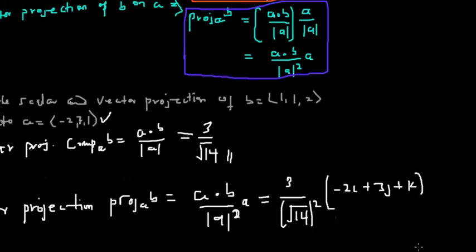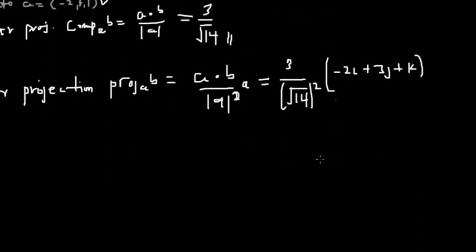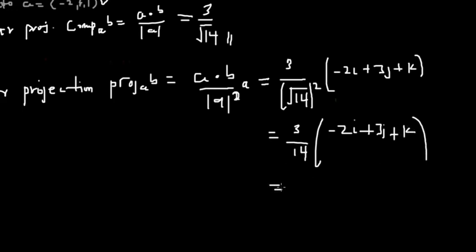So once you are through with this, you are just done with the entire solution. We know that this will cancel this root sign out, so we will be left with 3 on 14, and then we have minus 2I plus 3J plus K. Okay, so now let's multiply this one throughout and then solve it.